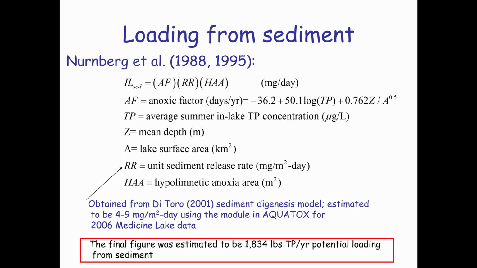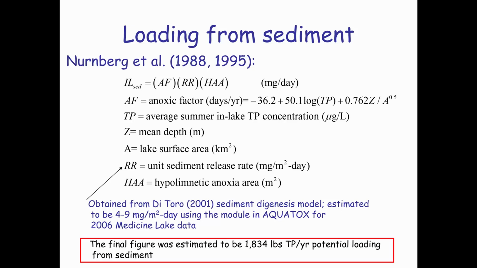And this was for the 2006 Medicine Lake observation data that was recorded. And so that model estimated that the amount of phosphorus that's released was between 4 and 9 milligrams per square meter per day.